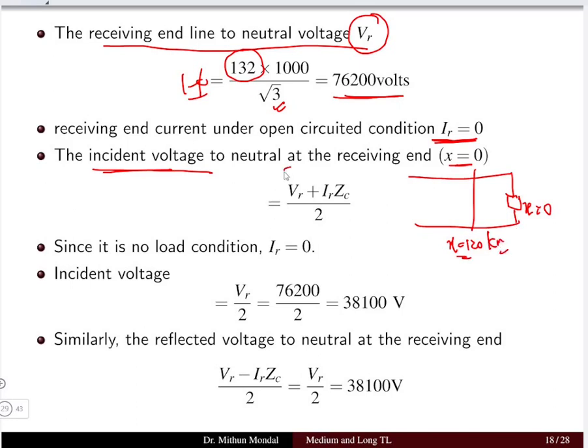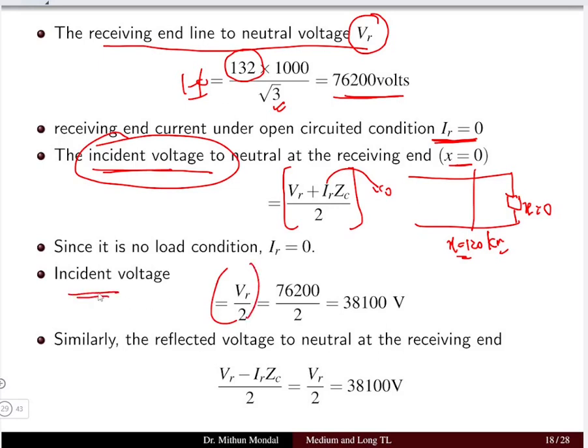The formula is VR plus IR ZC by 2, that is the incident voltage. The current is 0, so we have VR by 2 as the incident voltage. VR is equal to 76200, so that will give 38100 as the incident voltage.